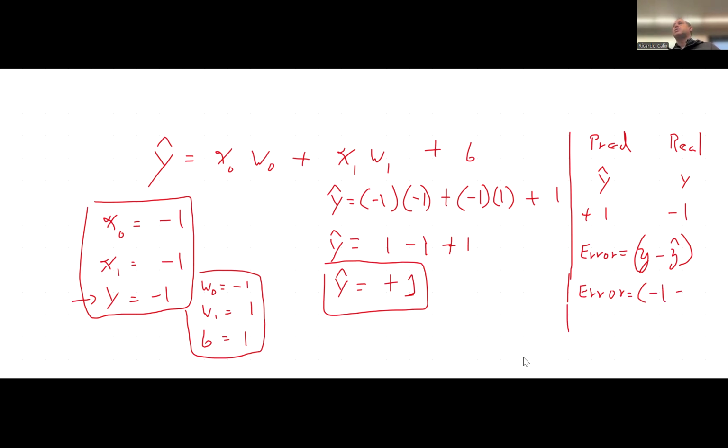Do you guys see that? So this is what we're always going to be doing. So now I'm going to do error. So that is -1 minus 1, which is equal to -2. Very good. -2.